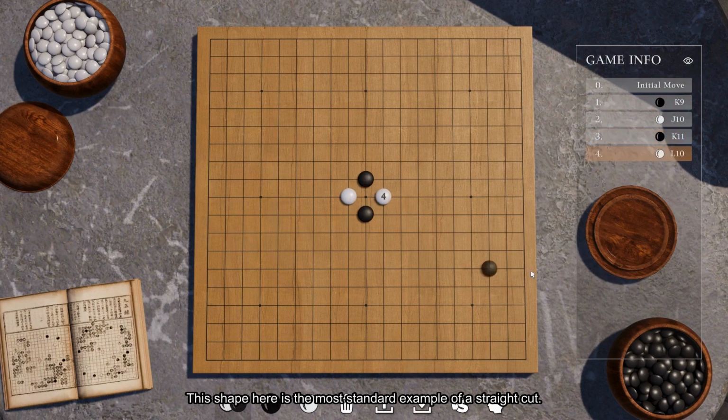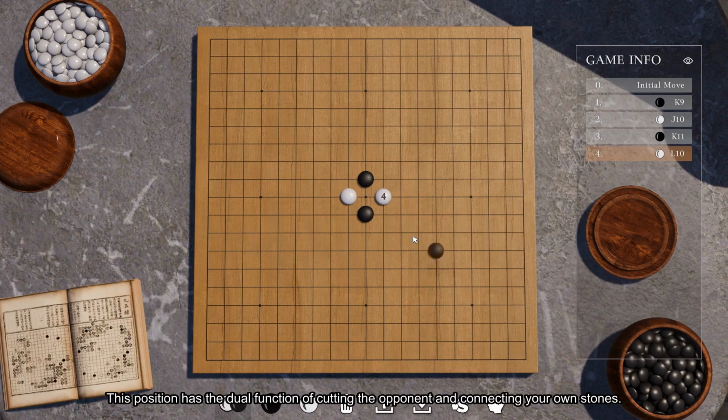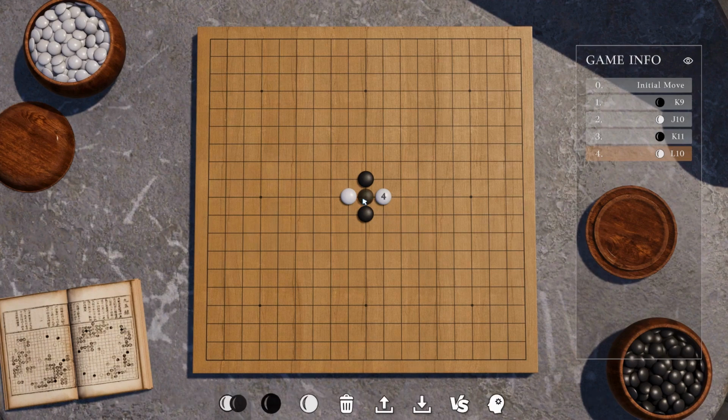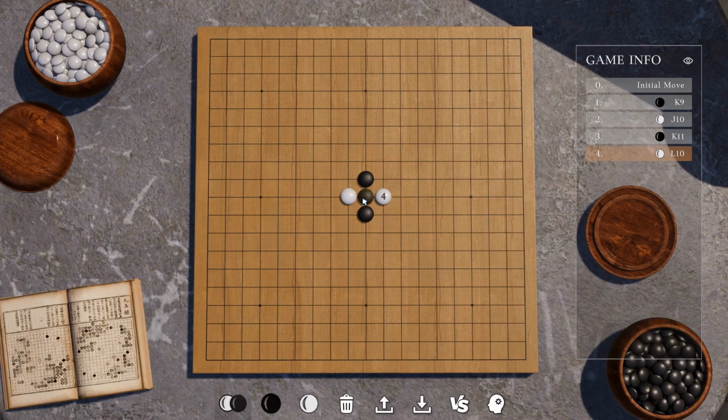This shape here is the most standard example of a straight cut. We can see that in this shape, the cutting point we just mentioned, or a cutting point in the strict sense, does not exist. This position has the dual function of cutting the opponent and connecting your own stones. However, this position is not the same as the cutting point in the shape that we discussed in the strict sense.